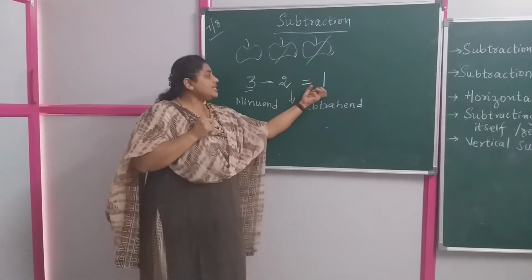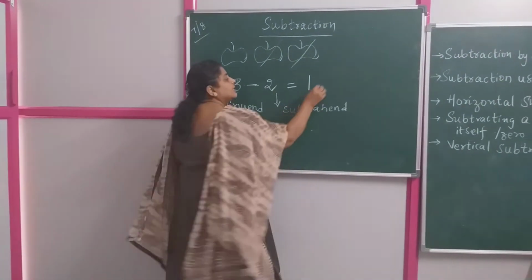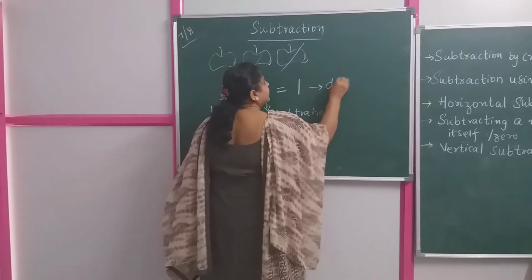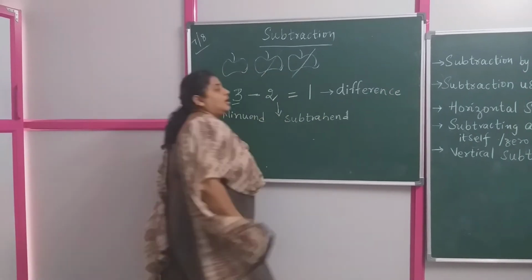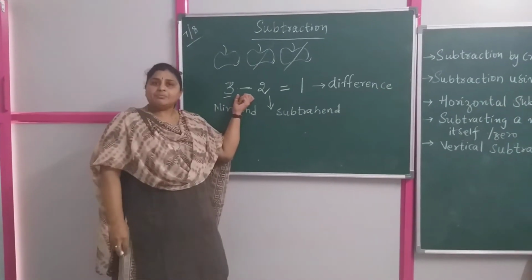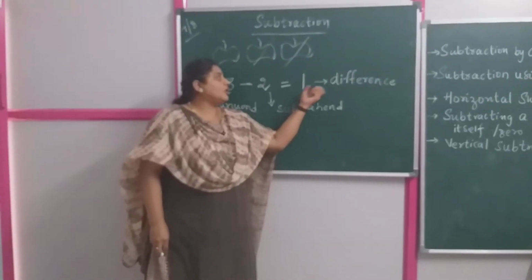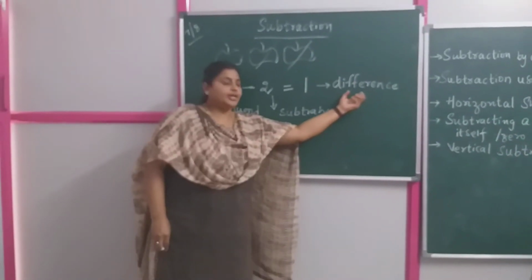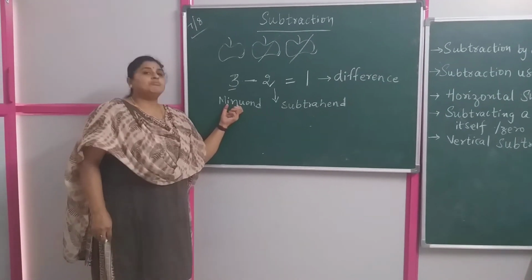So the number from which we are subtracting is minuend, and the number that we have to subtract is subtrahend. Then what is the answer that we are getting from subtraction called? This answer is called difference. On subtracting any 2 numbers, whatever number we obtain is called the difference. Got it children? The first number from which we subtract is minuend.